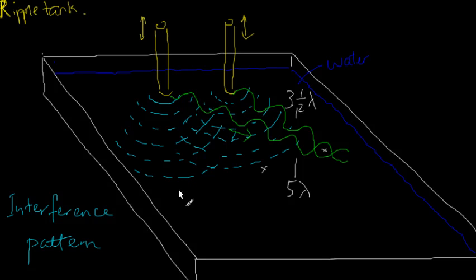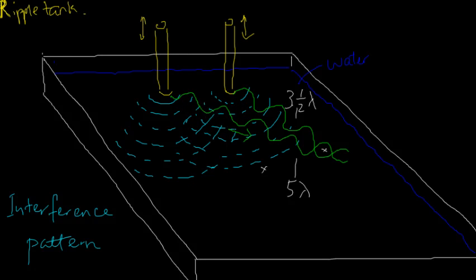It can also happen at other places as well. In order to have a fixed pattern, that means that this point would always have no oscillation, for example, the two rods must always go up and down together, right? The way that the waves are generated.